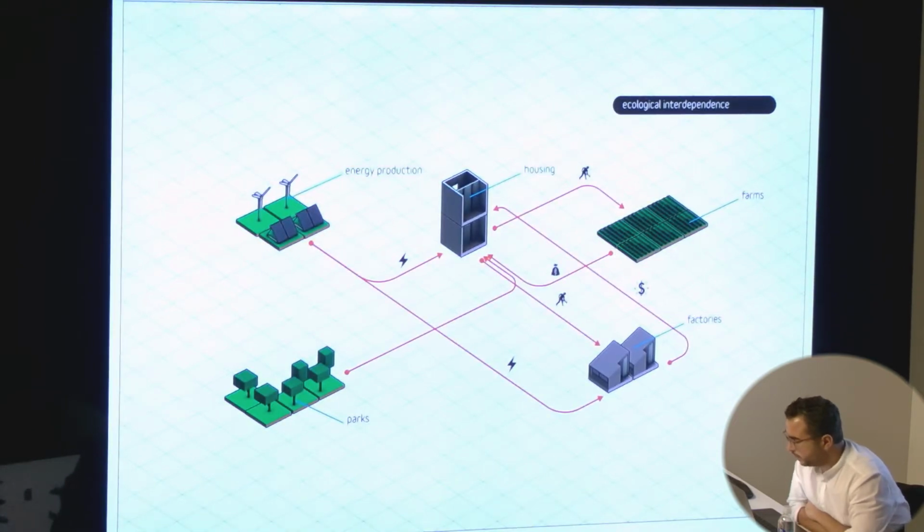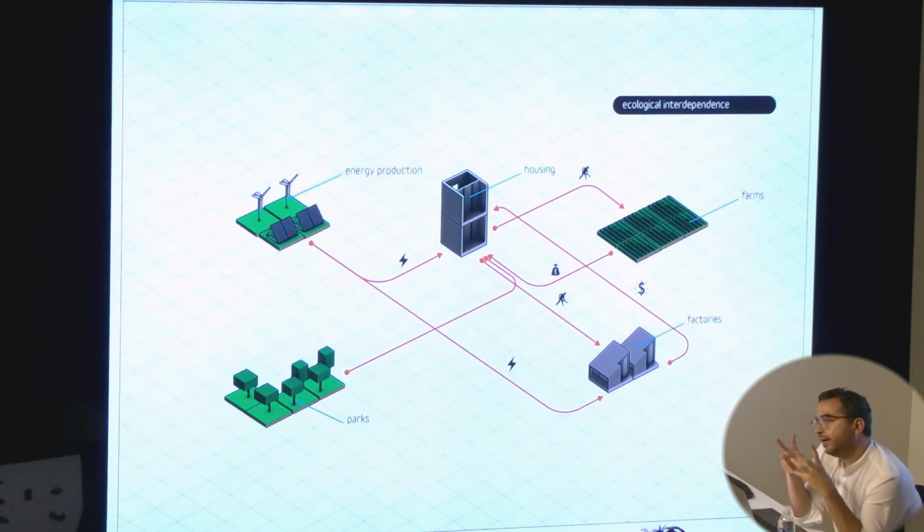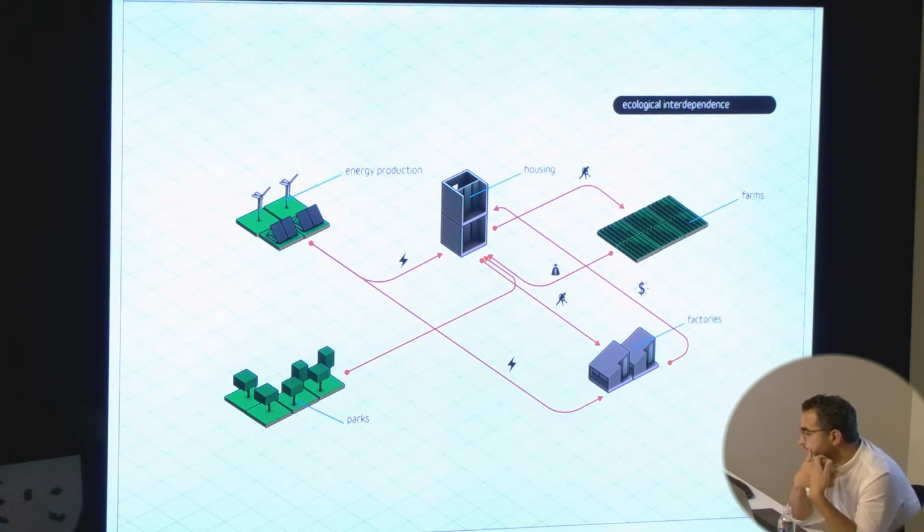So this is what the game was trying to do, was trying to create a network of interdependence where you could understand energy relations between different entities, housing, labor. Some of the currencies that were being transferred between these different entities were very material, like water or actual money, but some of them were more immaterial, like community points or social capital, right?